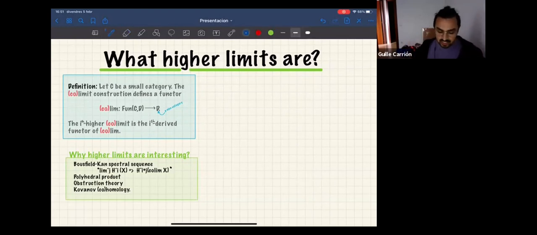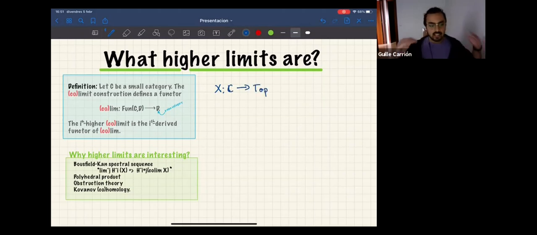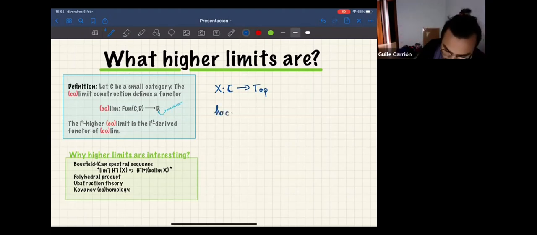We are topologists, so imagine you take your favorite functor from a small category to topological spaces. And now we compute the hocolim, the homotopy colimit of this functor.